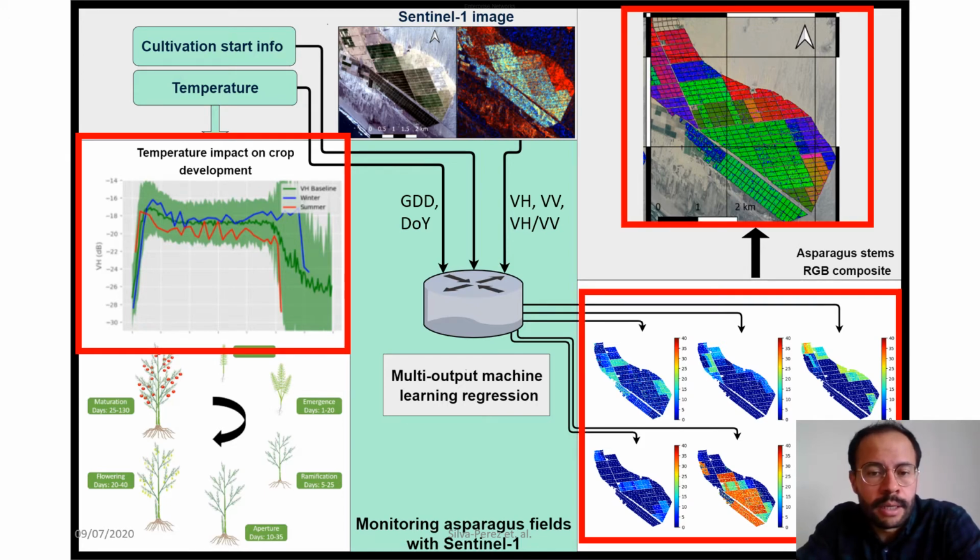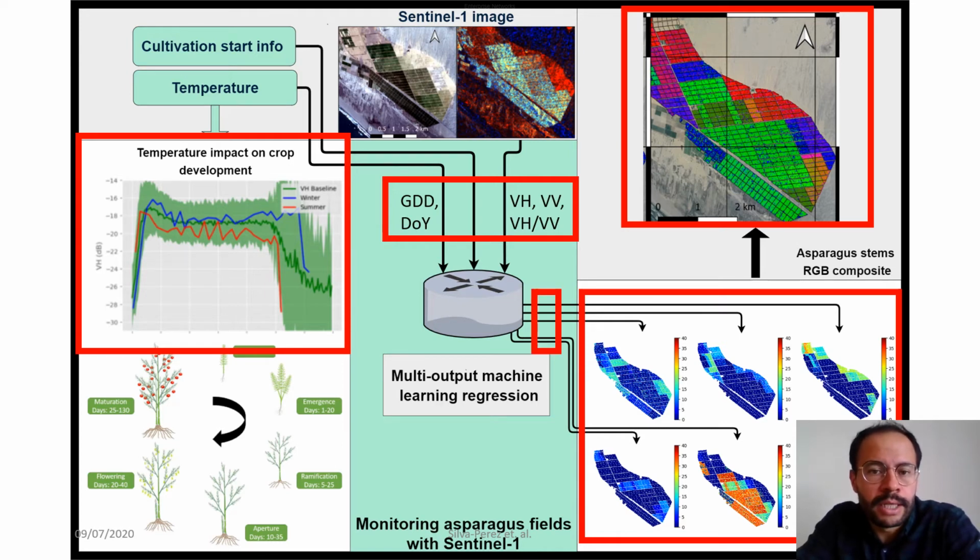For this task, we use the backscatter measurements, the accumulated temperature during the season, and the day of the year when that season started. So we did not approach this as a classification problem, but rather as a regression problem, since we are not trying to estimate a crop stage for a parcel, but we are trying to estimate how many asparagus stems, from the ones present in the parcel, are in emergence, how many in ramification, how many in aperture, how many in flowering, and how many in maturation.